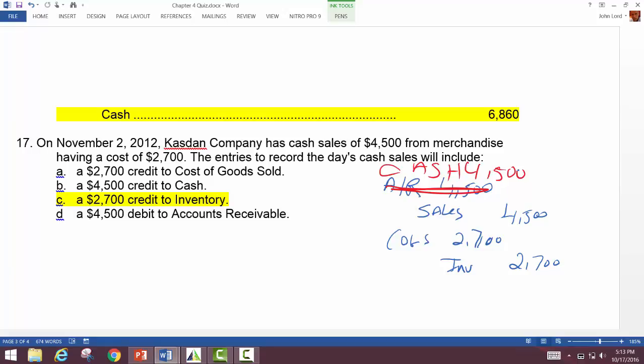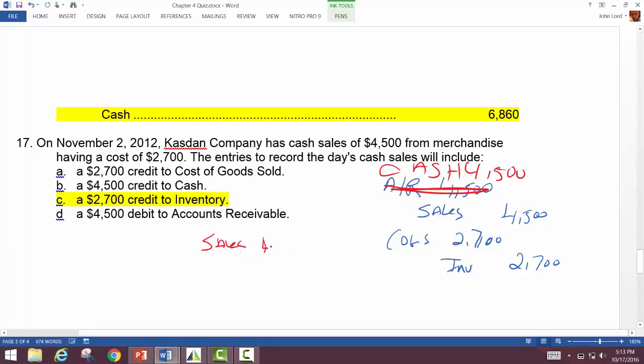Gross profit on this sale? What's the gross profit? Who wants to set it up for me? You don't have to do it in your head, just set it up. Gross profit is sales of what?